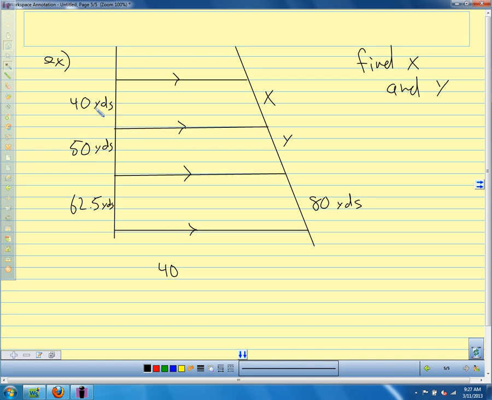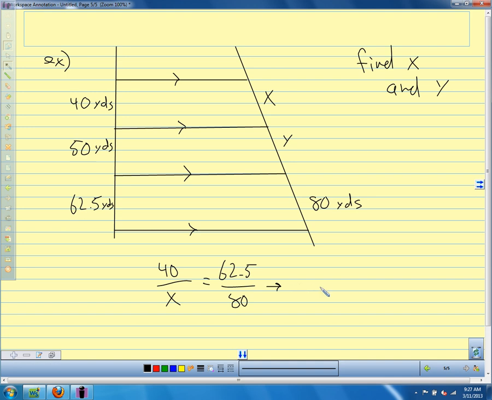So if we have this little piece here, what would we want it to correspond with on this side? 40 over x. There we go. We could do 40 over x equals 50 over y. That would give us two variables though. So let's set up another proportion that doesn't have a variable in it. Rather than 50 over y, how about 62.5 over 80? That works.